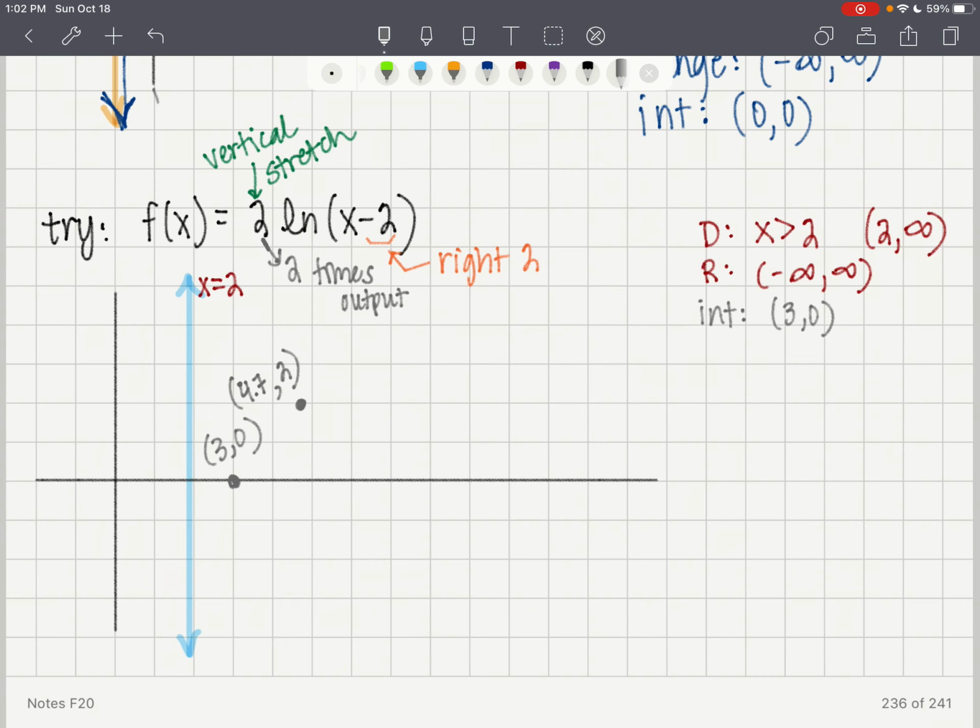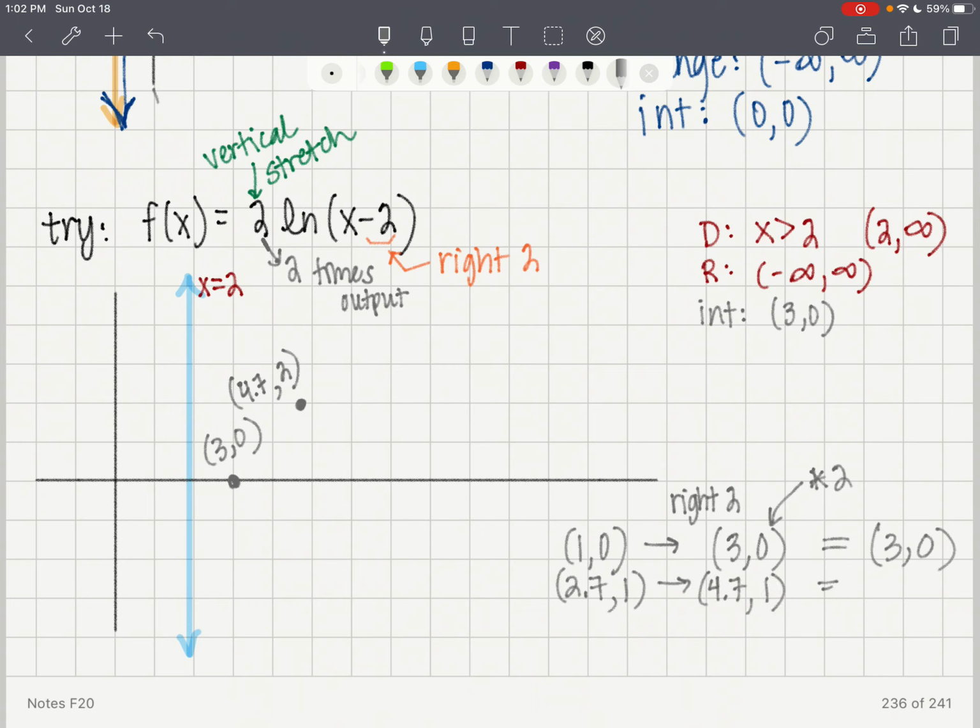You might be going, I'm not sure what's going on here. Well, we had 1, 0, right 2 gave us 3, 0, and then multiplying times 2 kept it at 3, 0. We started with 2.7-ish, comma 1, right 2 gave us 4.7, comma 1, and then we multiplied the output times 2, so 4.7, comma 2.